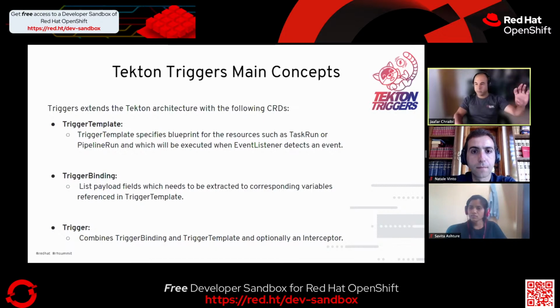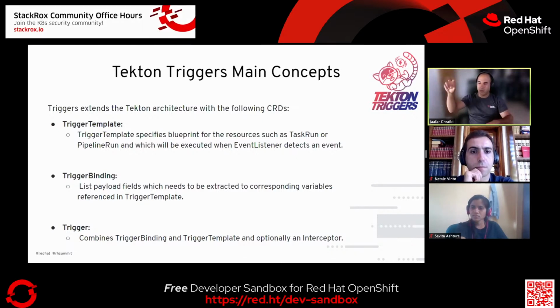Those things we define in the trigger binding, correct? We say, these are the things that I want. And you have the trigger template that says, here's the data that you need to fill, like the Git repo, etc., are going to be variables. And basically the trigger binding says, you take this data from here and you put it here.